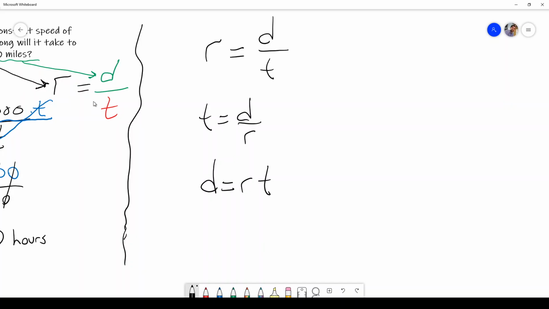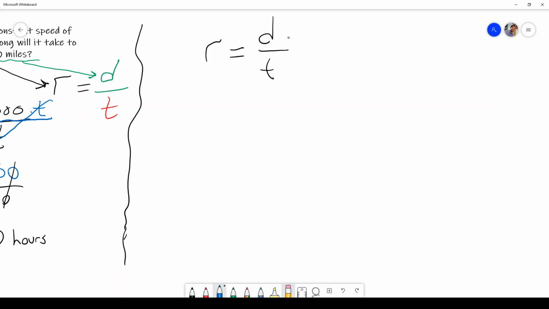Before I even solve one of these equations, if I know what I'm solving for, I can make it easy. And how did I get these other equations? Well, I just used algebra. I alluded to this in the last class.